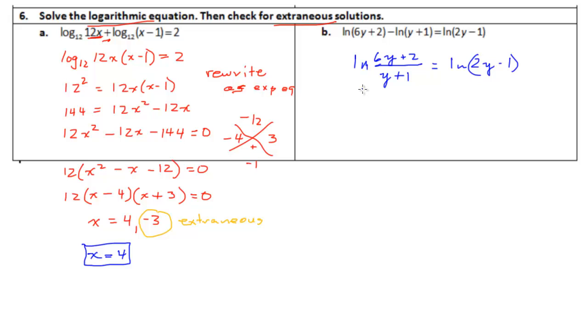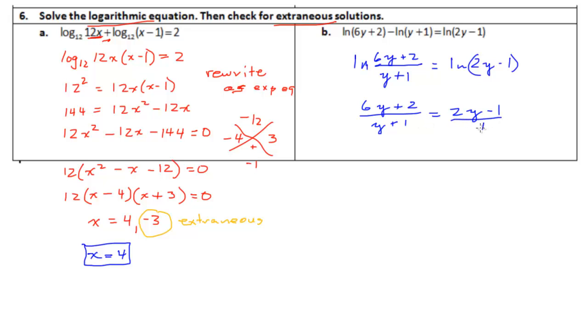Now, they're both natural logs, so we can use one-to-one. So we have 6y plus 2 over y plus 1 is equal to 2y minus 1.